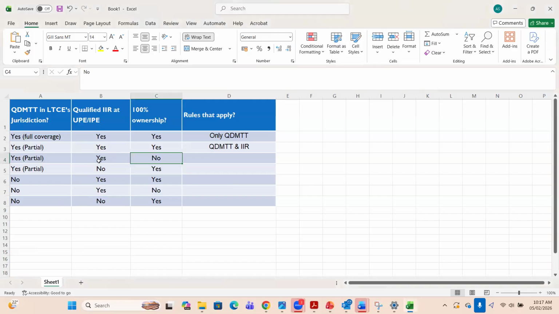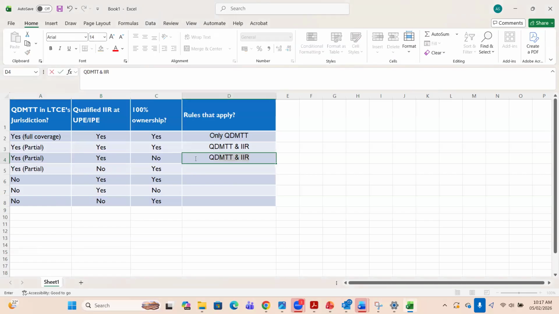Okay, so there is a partial QDMTT. So definitely QDMTT would be there, right? Then qualified IIR is there at the UP level, but UP has minority interest. So that means only 80% of inclusion ratio would be collected. I mean, the IIR would be collected only up to the inclusion ratio.